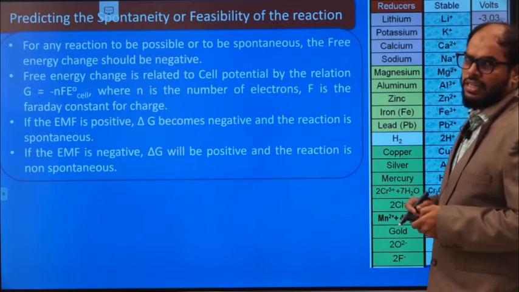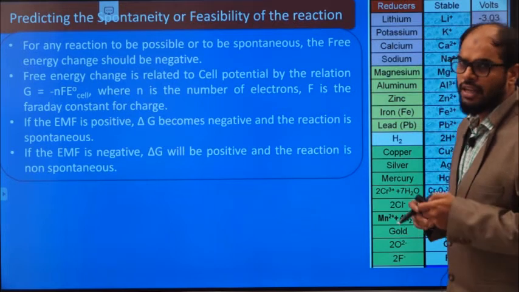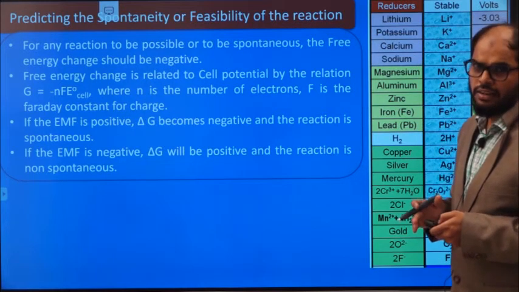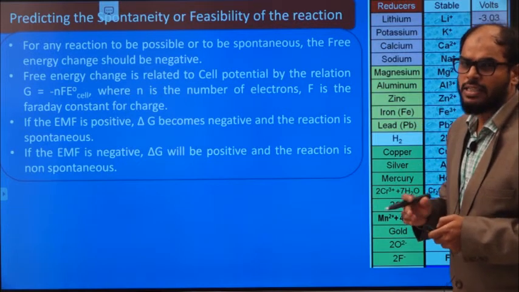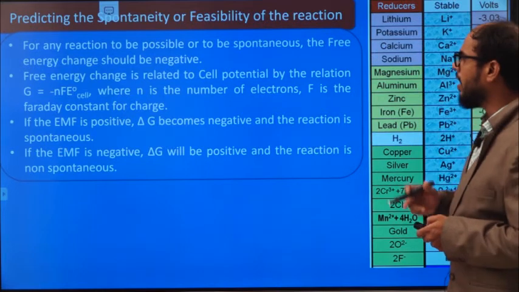Using this electrochemical series, we can also predict the spontaneity or the feasibility of the reaction. We have taken in the beginning of the lecture that most of the electrochemical reactions are spontaneous, where the chemical energy is converted into electrical energy.